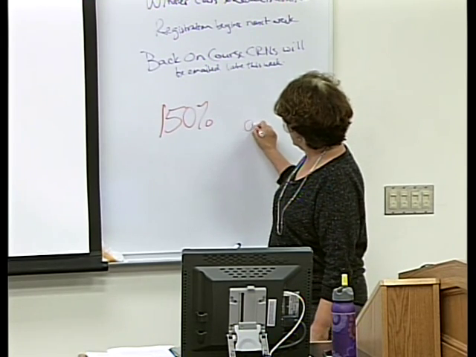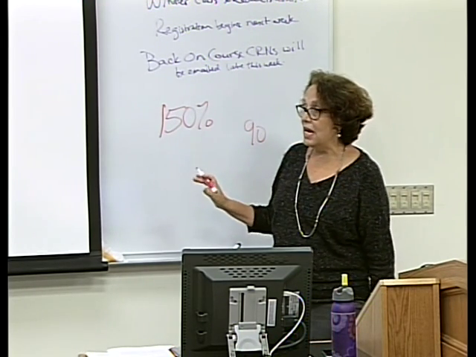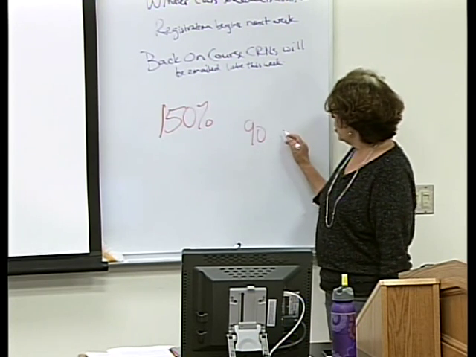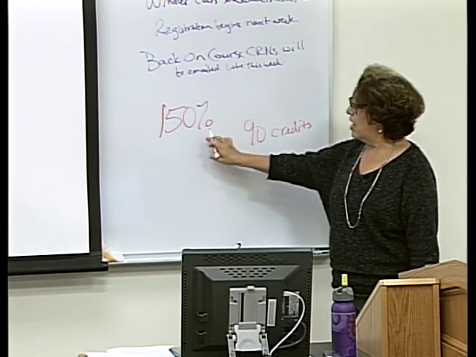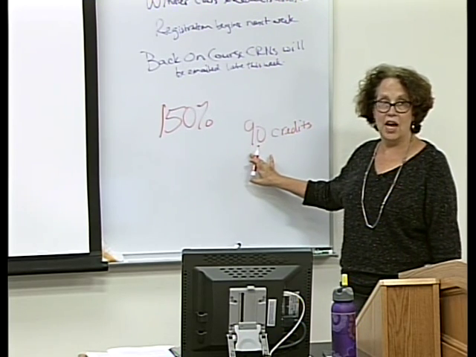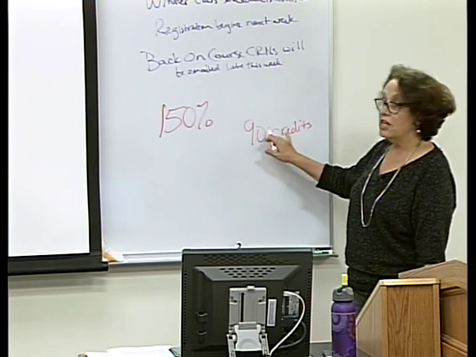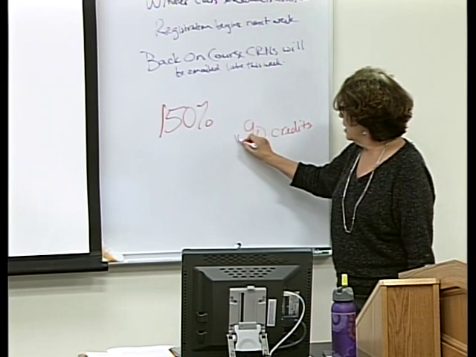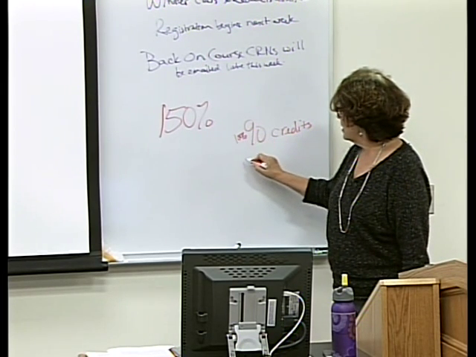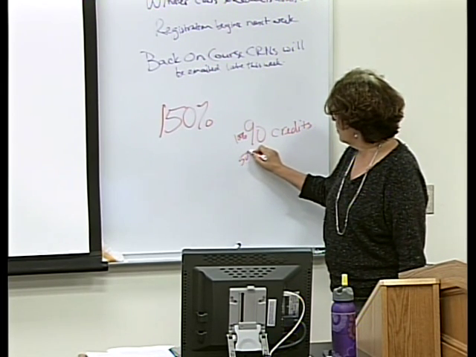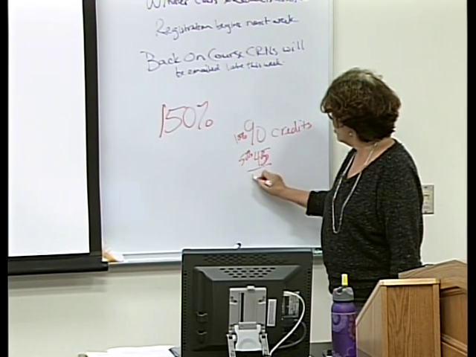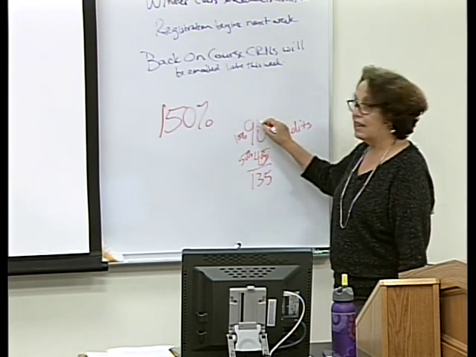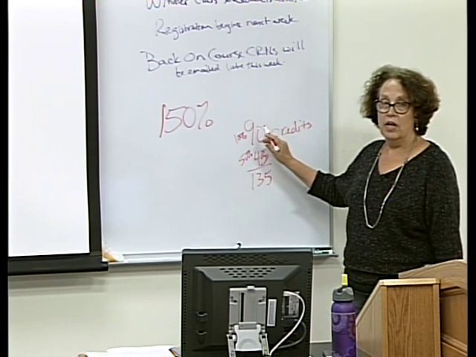But let's say most degrees at Lane, most associate degrees, are 90 credits. So if you're allowed 150% to get that 90 credit degree, 90 credits is 100%, so 45 credits is the 50%. That means you have 135 credits to get that 90 credit degree.